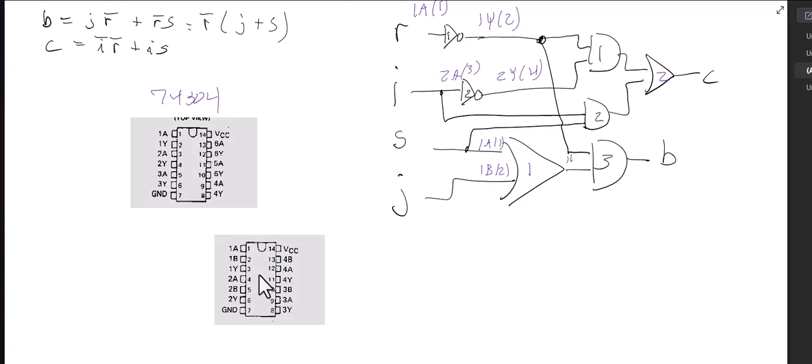And this is 1Y, which is pin 3. And this is 2A, and this is 2B, and that's pin 4 and 5. And this is 2Y, which is pin 6.